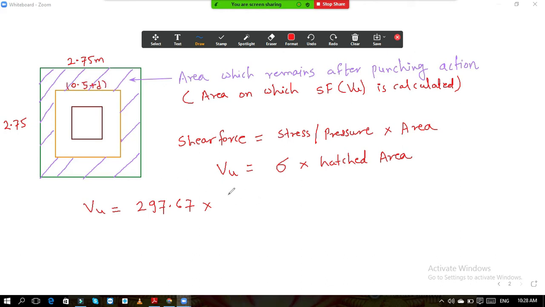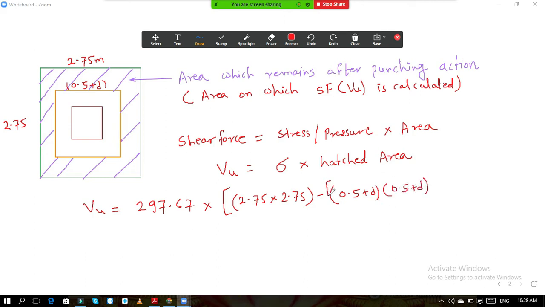Okay, so now I will write here: 2.75 into 2.75. This is my total area, minus the area which is going to be punched. So it is minus (0.5 plus d) into (0.5 plus d).